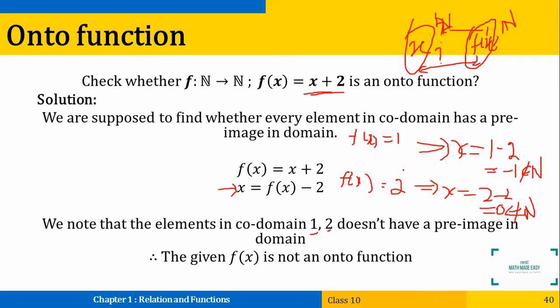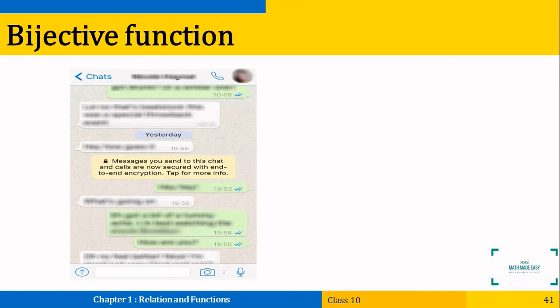And let us talk about bijective function, but before that, I think you would have used WhatsApp at least once in your lifetime. We see the yellow color box there: messages you send to this chat and calls are now secured with end-to-end encryption. Even WhatsApp from Facebook does not know what message you are sending, right? So what is actually the process going on there?